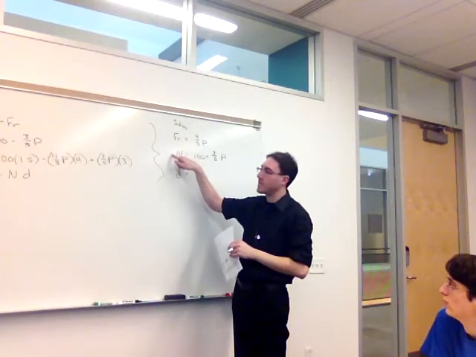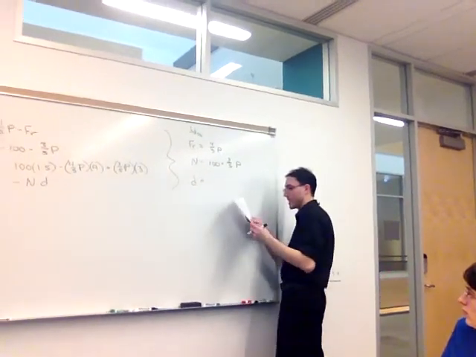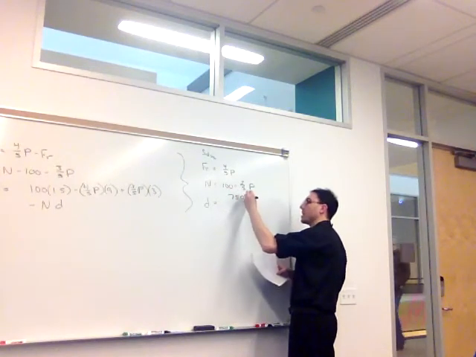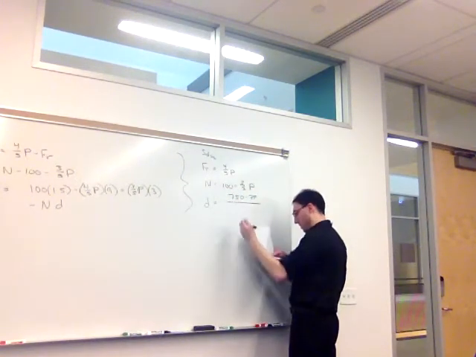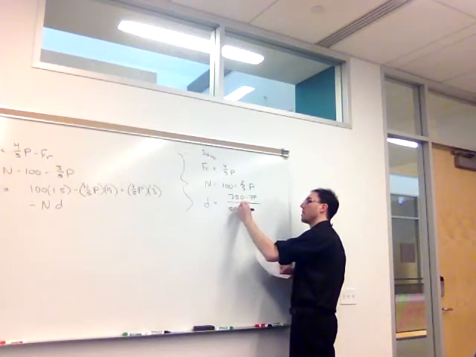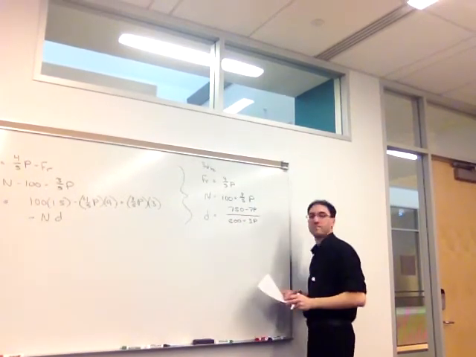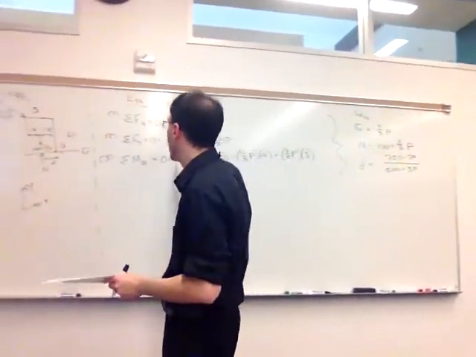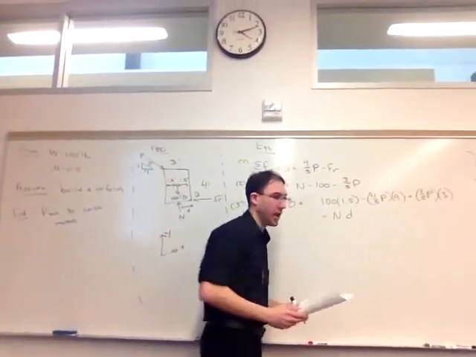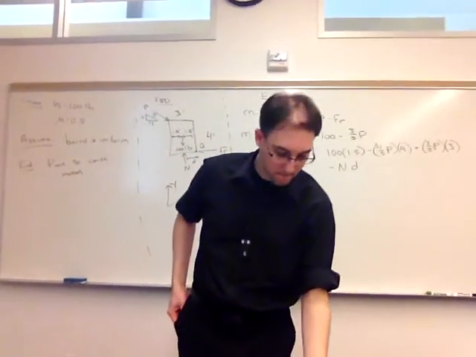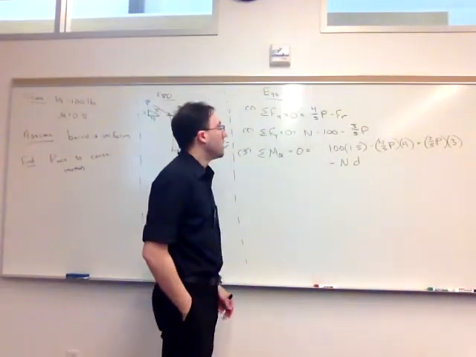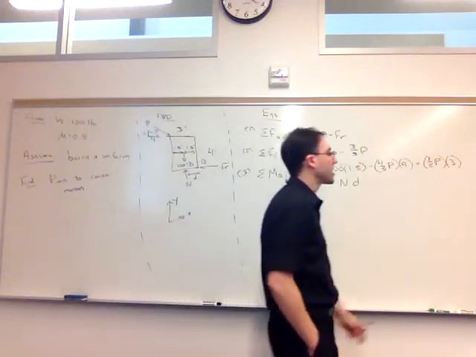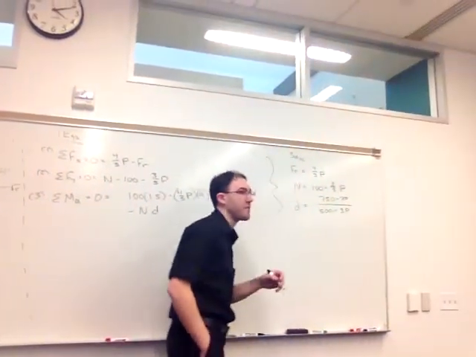For N, I put in this definition here, so I get that d is going to be 750 minus 7P over 500 plus 3P. Or you can leave these as is and then do the substitutions as you go. So still, I just rearranged these, still 4 unknowns for 3 equations. This will make the next step easier to find the value for P, though.